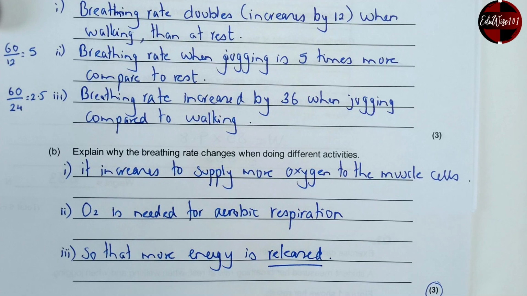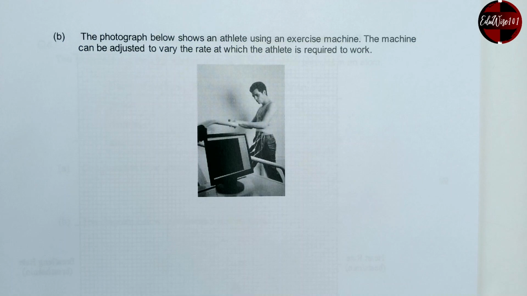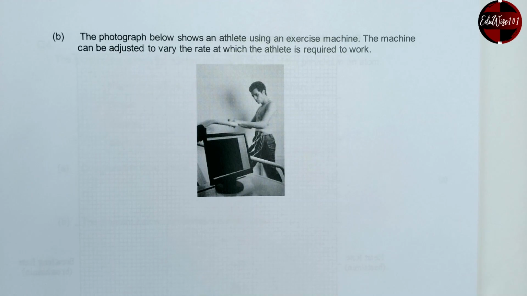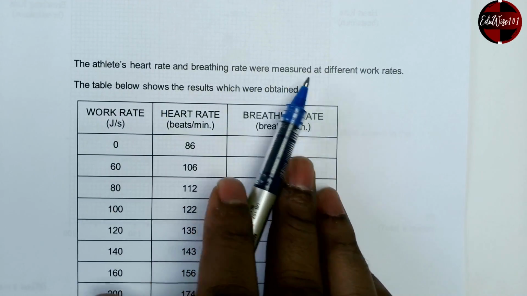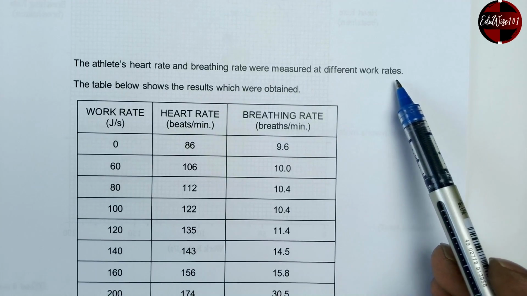Next question. The photograph below shows an athlete using an exercise machine. The machine can be adjusted to vary the rate at which the athlete is required to work. So the athlete's heart rate and breathing rate were measured at different work rates.